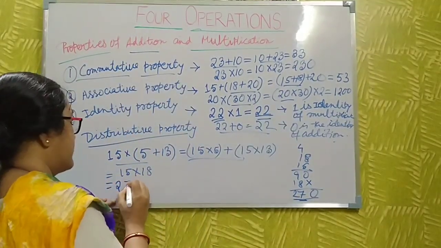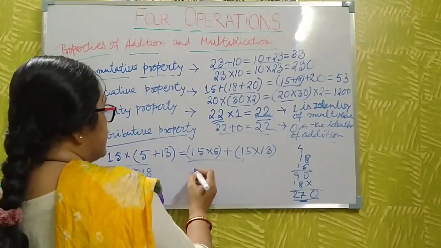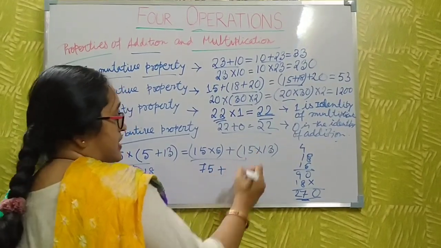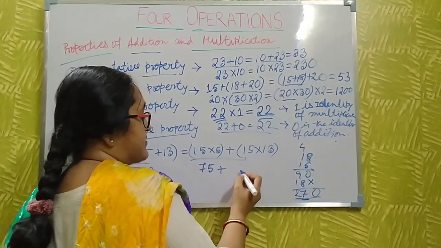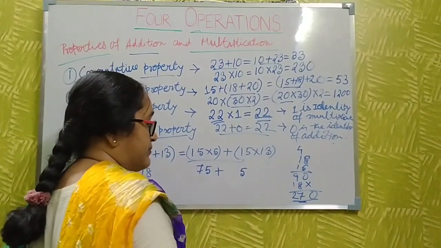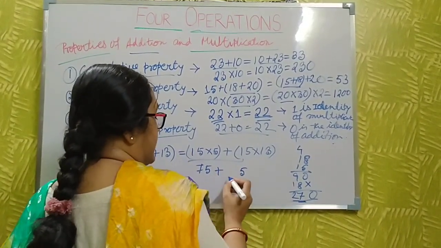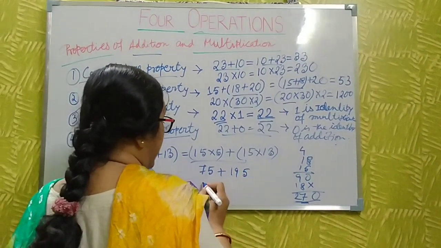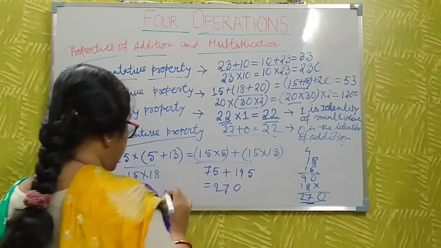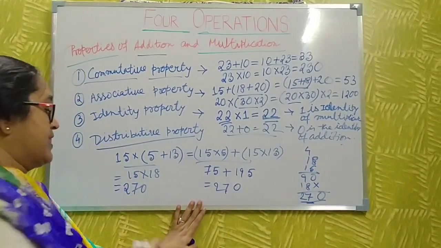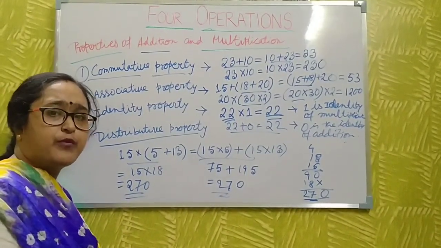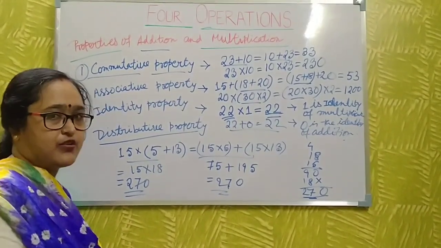Okay, now this is 270. Now the other side: 15 5s are 75, and then you do the multiplication. 13 5s are 65, 5 and 6 carry, and 1 times 15 is 15 plus 6 is 19. Then you add, and this is the same. This is called the distributive property. This is a very important property under addition and multiplication.